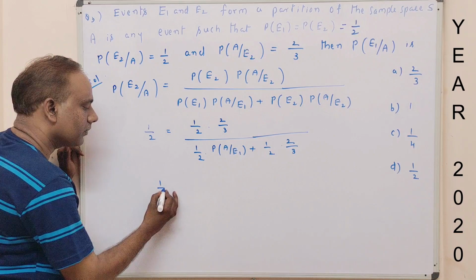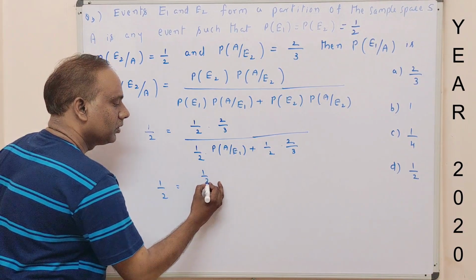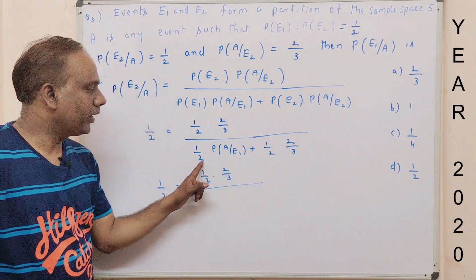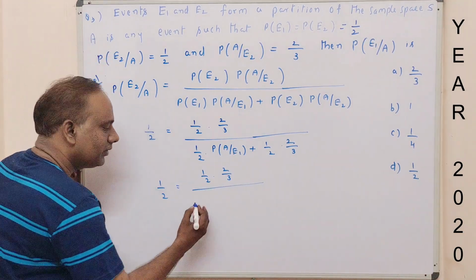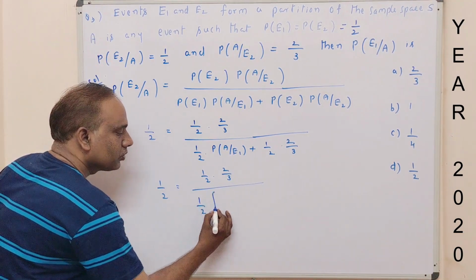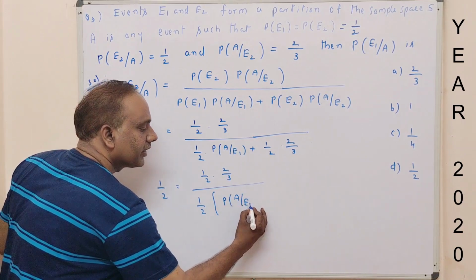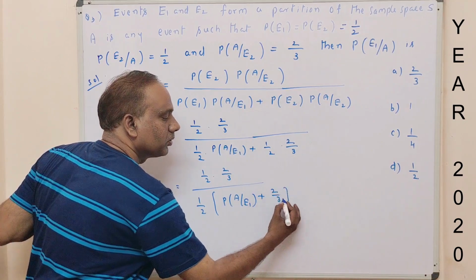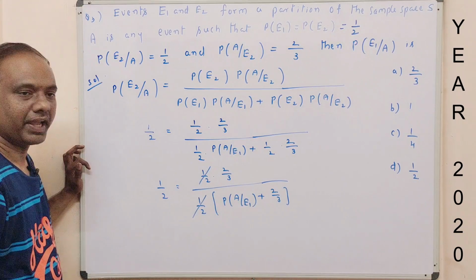Now 1 by 2 is equal to 1 by 2 into 2 by 3, you write as it is. Here 1 by 2 and 1 by 2 is common. So you take 1 by 2 common. So the remaining is P of A given E1 plus 2 by 3. Now 1 by 2, 1 by 2 cancel.